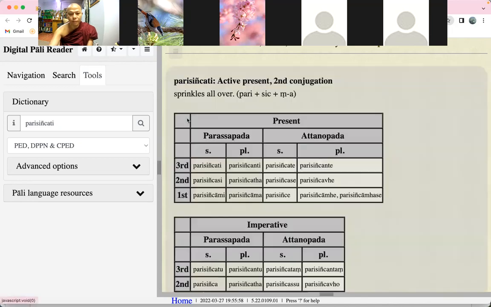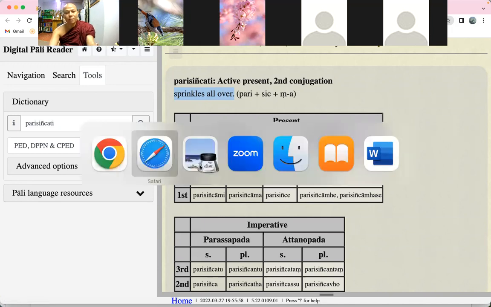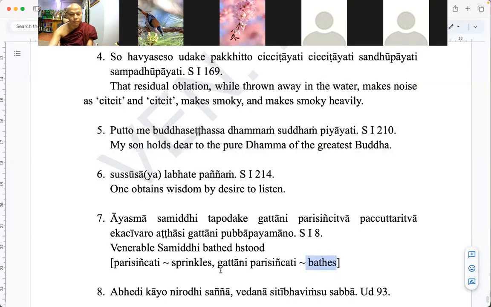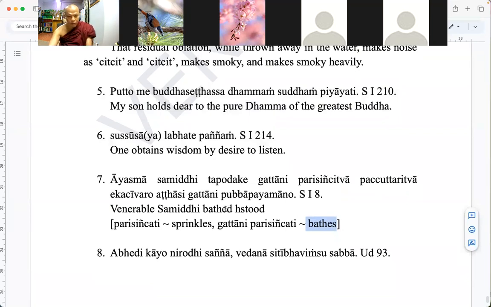Brisenjeti as a single word is just sprinkle all over, but with gadani, bathe is this way.